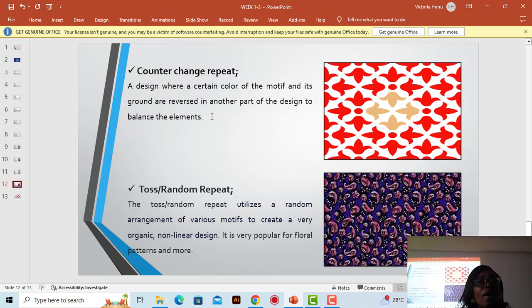So it's a design where a certain color of the motif and its background are reversed in another part of the design to balance the elements. See the first sentence: a design where a certain color of the motif and its ground. It can even be the motif itself.